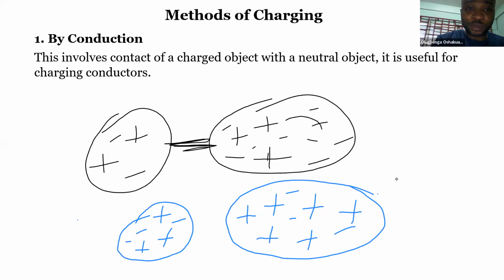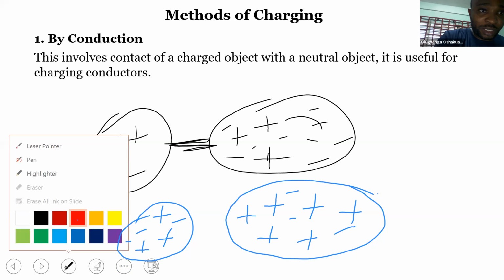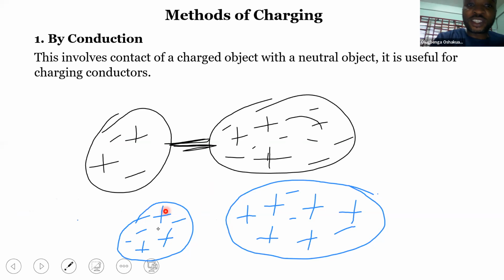So in this scenario, in the first scenario, we had excess negative charges and a neutral body. In the second scenario, we have excess positive charges and a neutral body. When this charged body is brought in contact with the neutral body, we would have something of this nature.